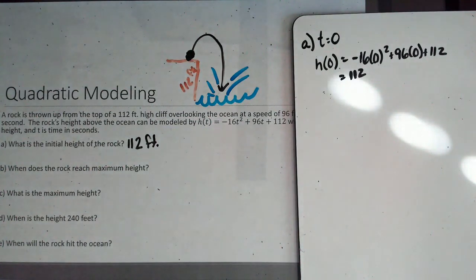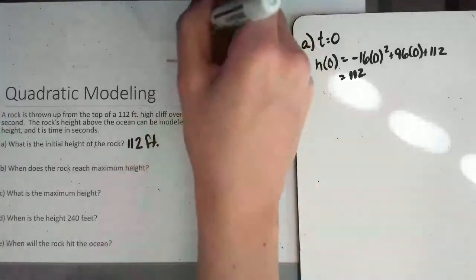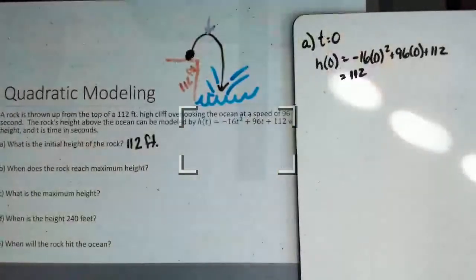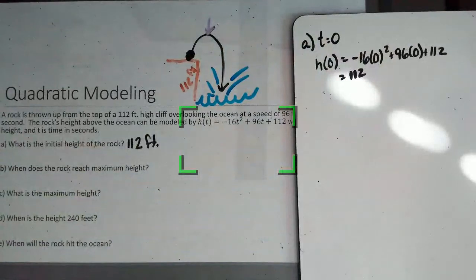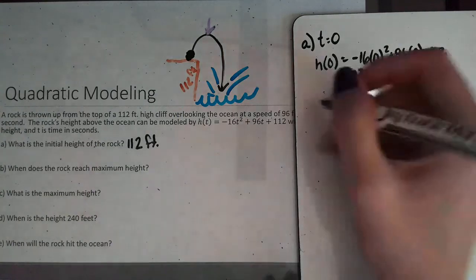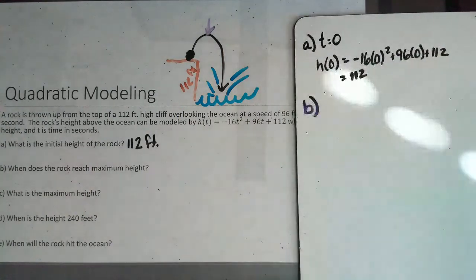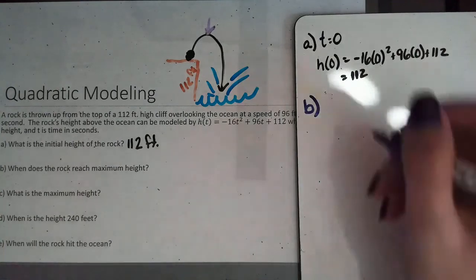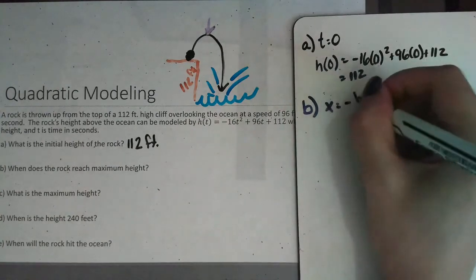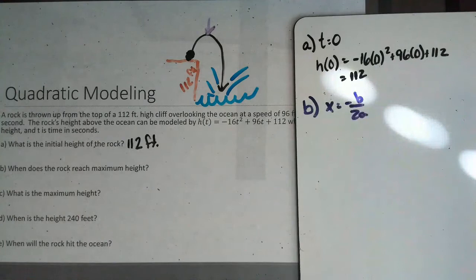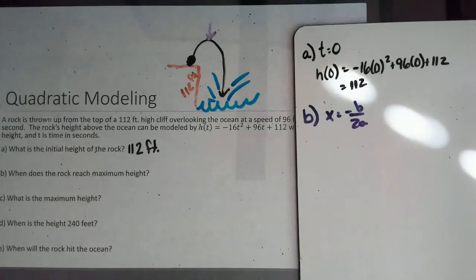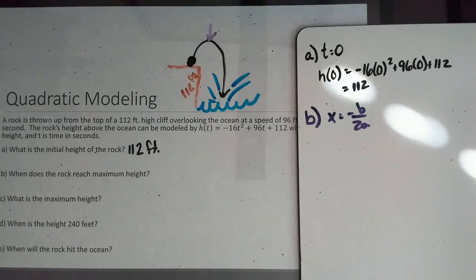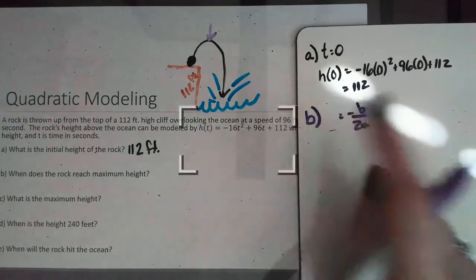Next up, we want to know, when does the rock reach the maximum height? Well, the maximum height is going to occur at the top of that parabola, at the top of a downward opening parabola. If it's a downward opening parabola and we want to find the top, we're thinking vertex. Normally, we start with the equation x equals negative b over 2a. But if you look at the equation for this problem, we don't have any x's. Instead of x, we're using t.